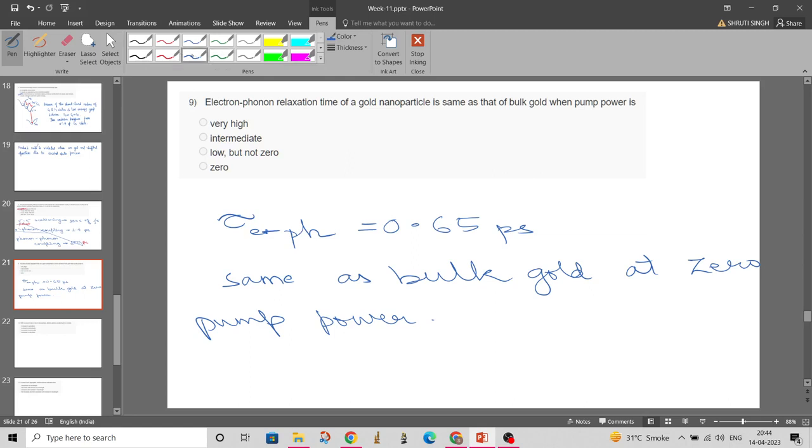And when it increases, the coupling will not be that good, because the coupling constant K is inversely related to the time constant of the coupling, right? So if at 0 pump power it is the same as the bulk, the answer here will be 0.